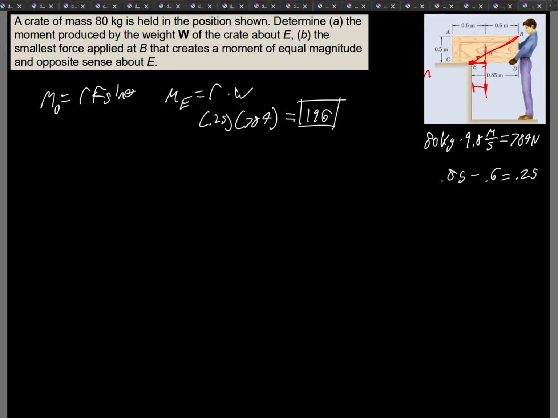And then it asks us, what's the smallest force applied at B that creates a moment of equal magnitude and opposite sense about E?